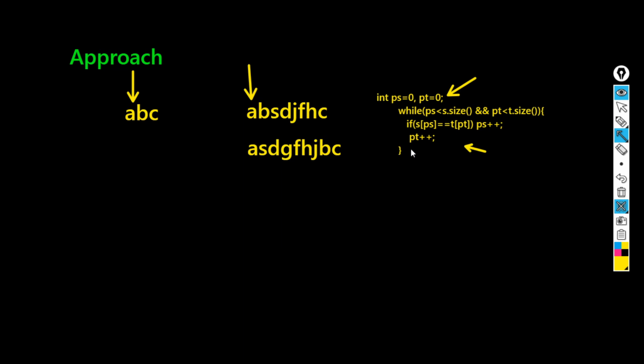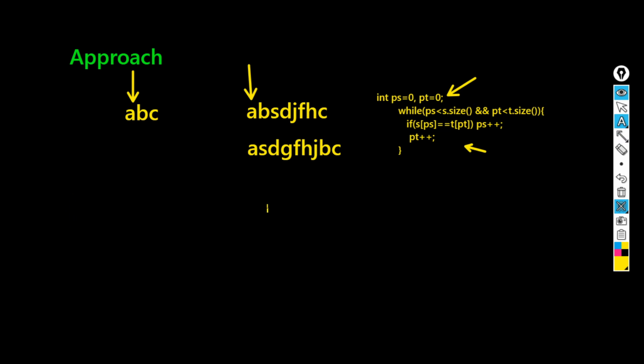Now I am checking if the current characters of both are equal, then I increment PS, whereas if they are not equal to each other, then I just increment PT. Now if we start iterating over this, we will solve it for this example.